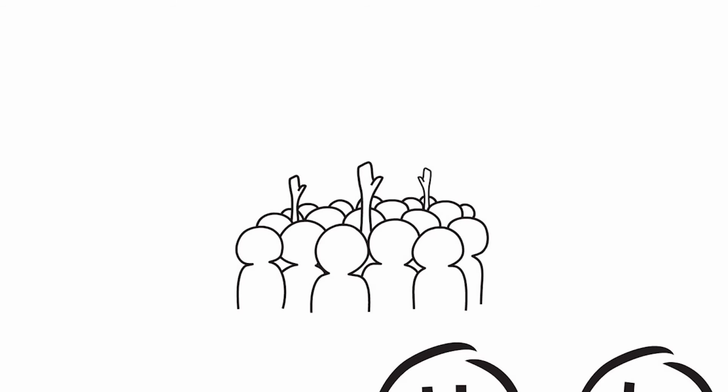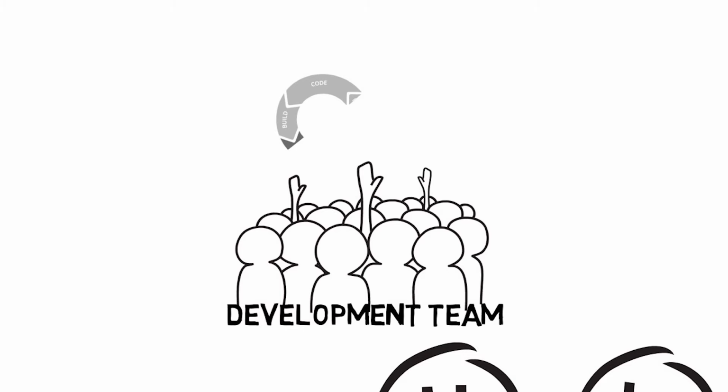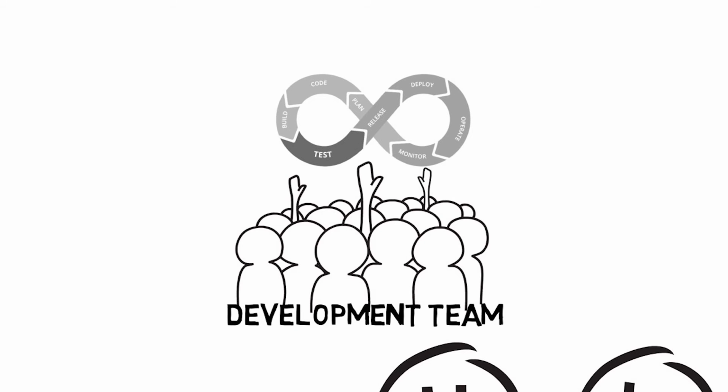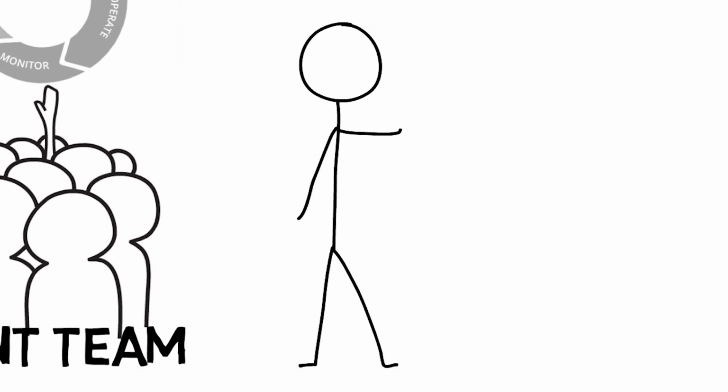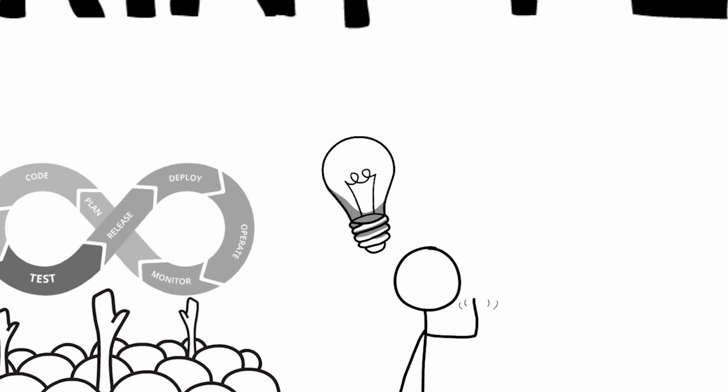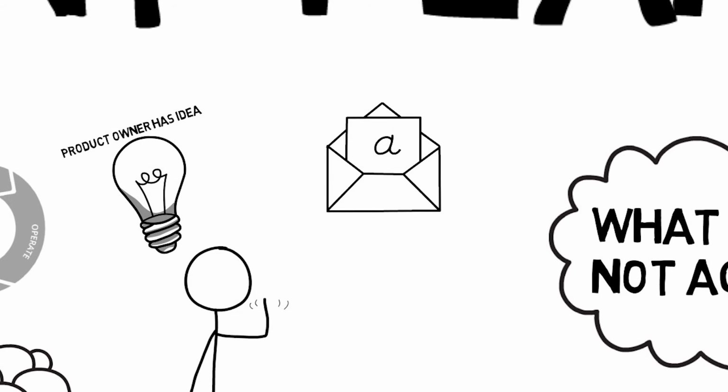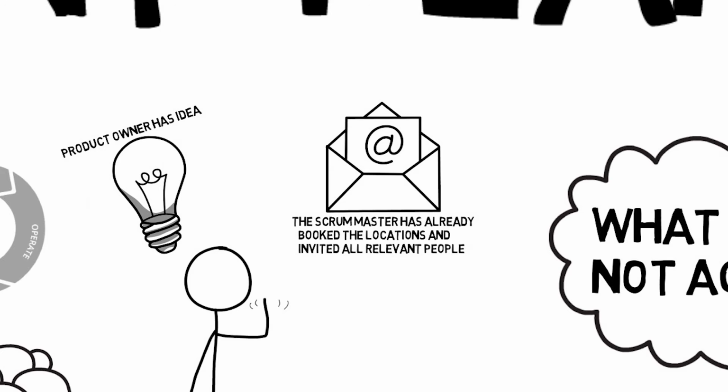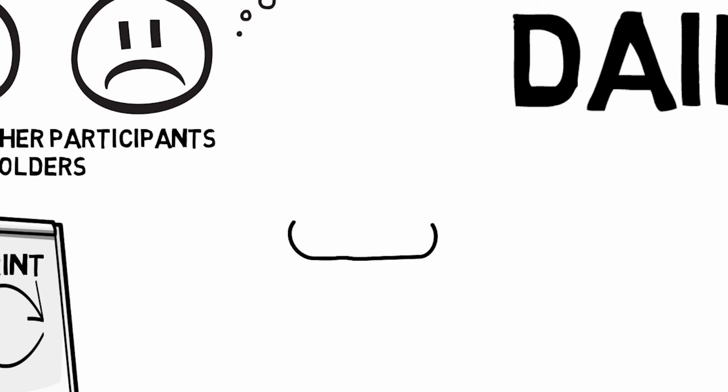To be prepared for that, it's necessary that the development team is ready with the whole test environment to show the demo. The product owner has an idea of what we are going to take in the next sprint, and the Scrum Master has already booked locations and invited all relevant people.